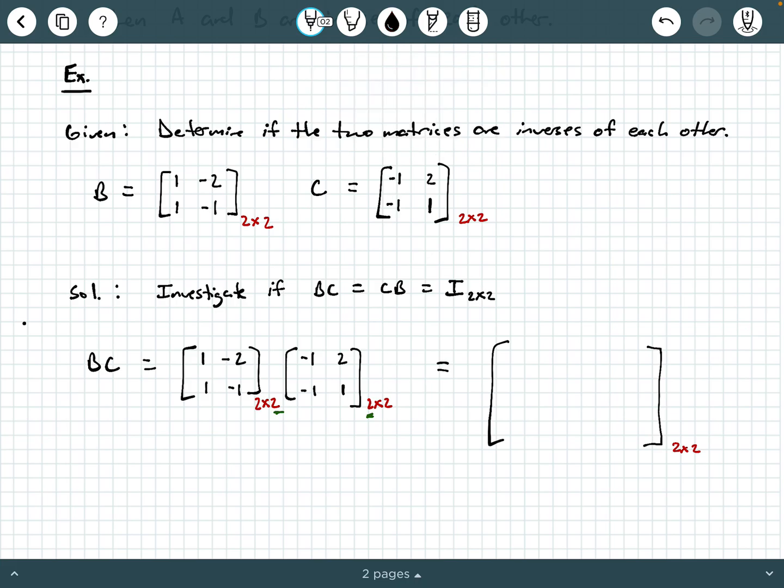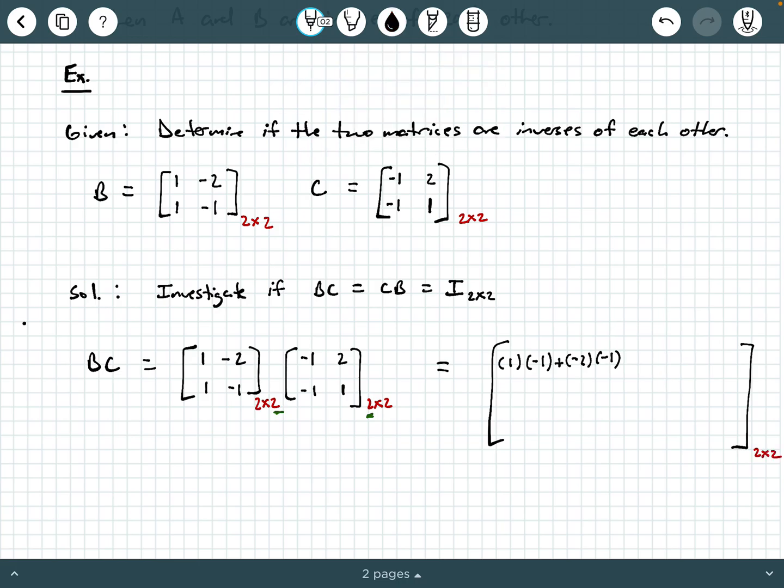All right, so what we're going to do now is get this first entry. We're going to say row 1 of matrix B times column 1 of matrix C. So we're going to say 1 times -1 plus -2 times -1. Now I'm going to expand this out just a little bit so I have more room to show all my work for everybody.